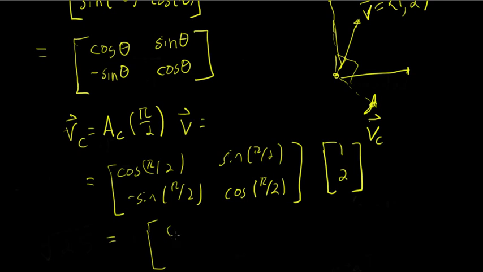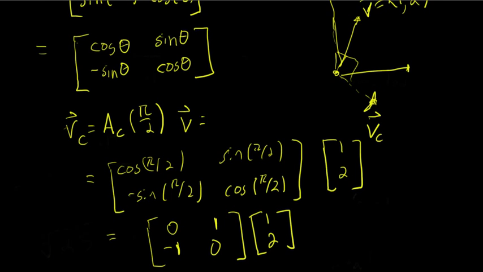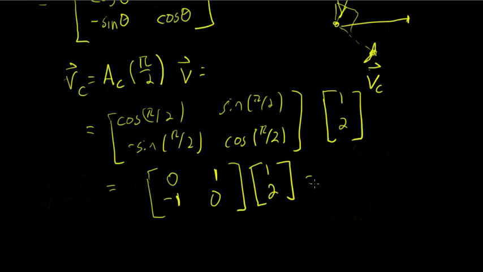So this would be 0, 1, negative 1, 0, times 1, 2. And it's the same thing as saying entry 1 times the vector 0, negative 1, plus entry 2 times the vector 1, 0.